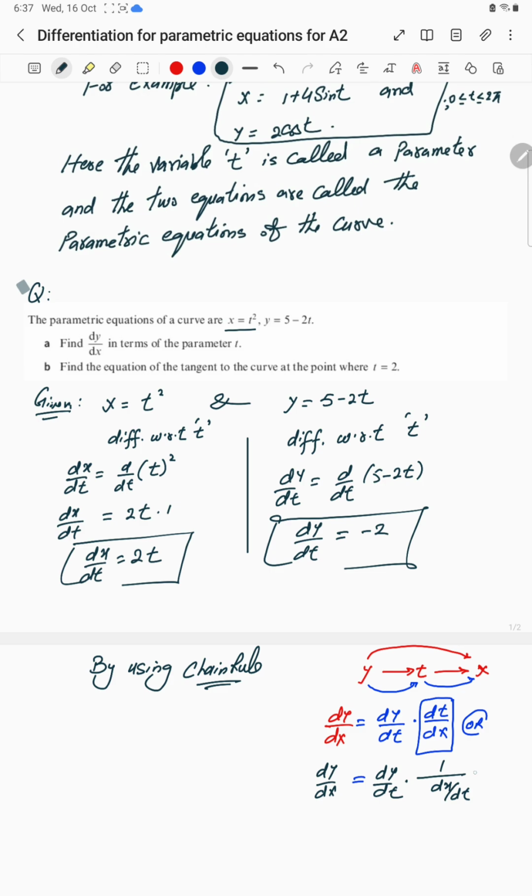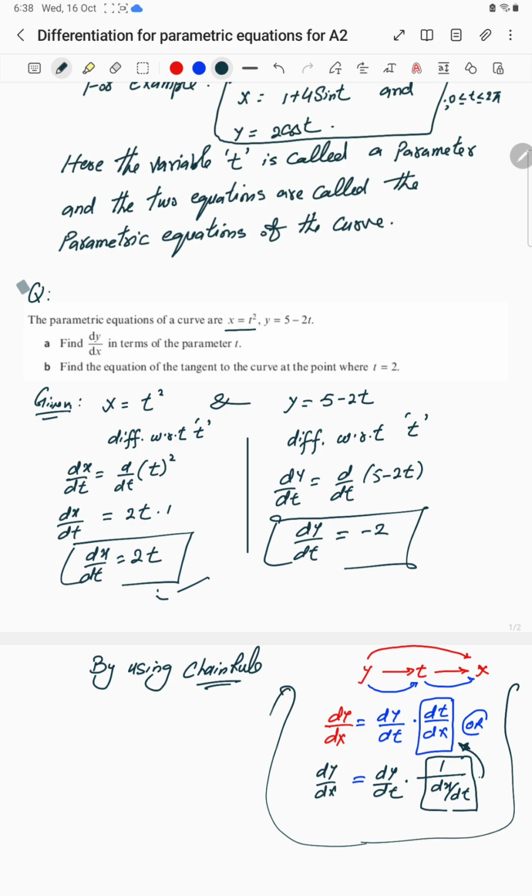That comes to be this one, right? This whole can be written as I wrote in the box, and this can be changed into this form. So it means for dx by dt, we need to take the reciprocal of this result and put it here. So this is the chain rule.